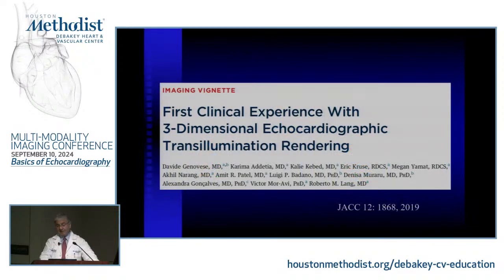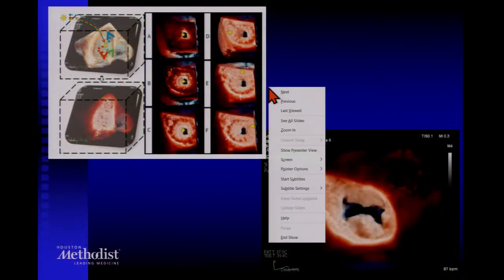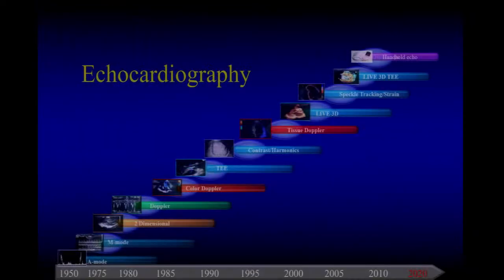And this is 5 years ago, just 5 years ago, the technology of transillumination, if you will, where the images are beautiful, almost having the structure of this mitral valve in front of you, almost having the valve itself in front of you.